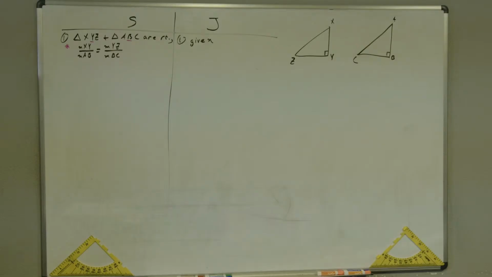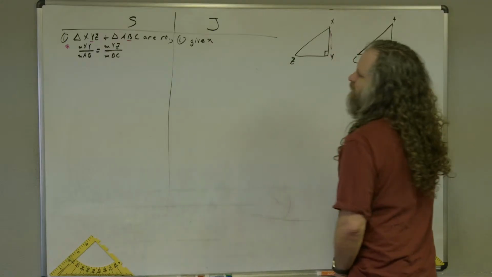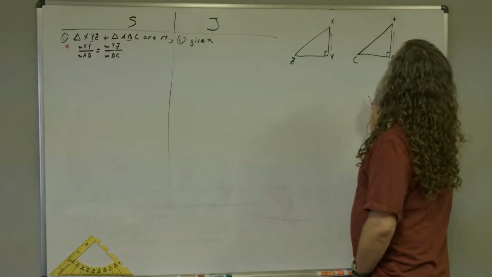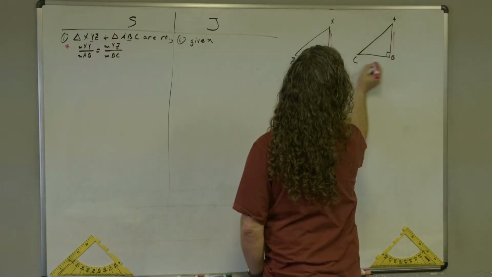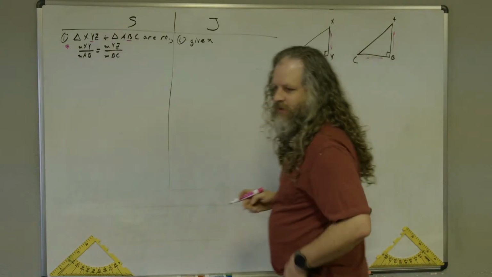Congruent, because all right angles are congruent. Let's see, X, Y, so this side to this side equals this side to this side. This is a short proof. Okay.